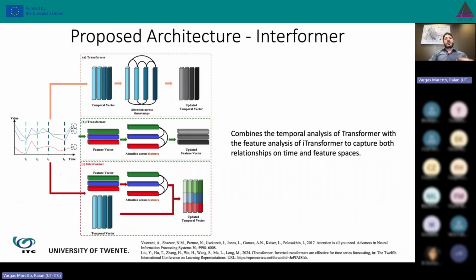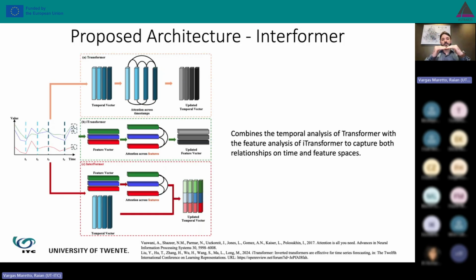And then we investigated the use of transformers for that. The traditional transformer usually combines all the features of the samples in a temporal vector and analyzes everything together. But by doing that, it loses a bit of the relation among the features. There is another paper in the literature that proposed the iTransformer, which does the opposite.